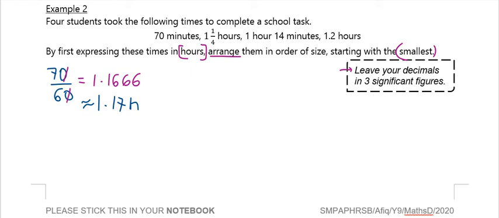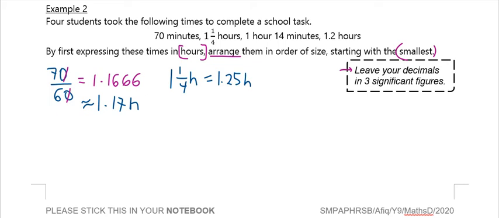So that's the first one. Next one is 1.25 hours. This one is actually 1 plus 1/4, and by the instinct of 1/4, when you convert it, it becomes 1.25 hours.